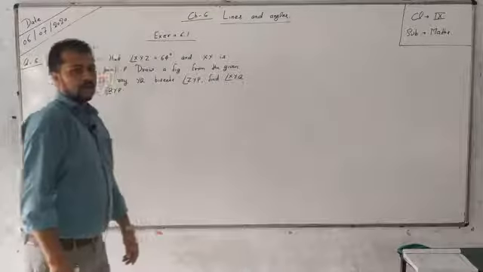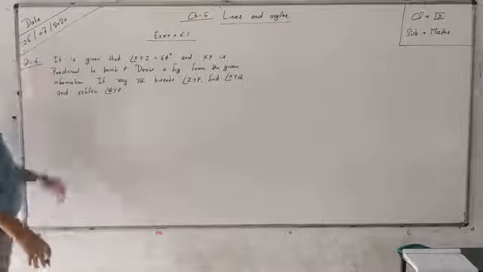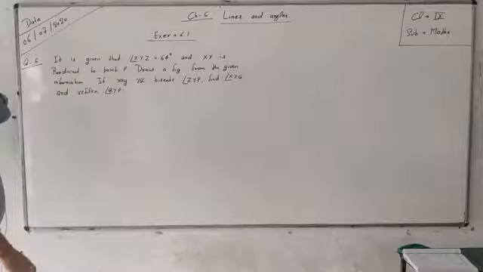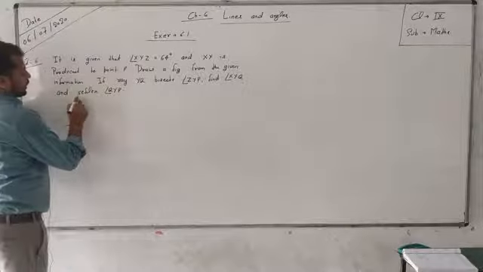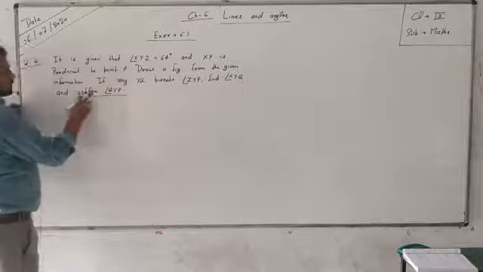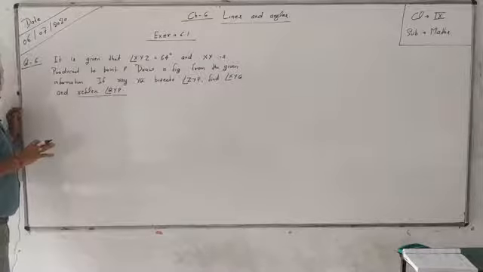Before I tell you the solution of this question, I just want to remind you that here one term came, that is reflex angle QYP. How do we calculate the reflex angle QYP?